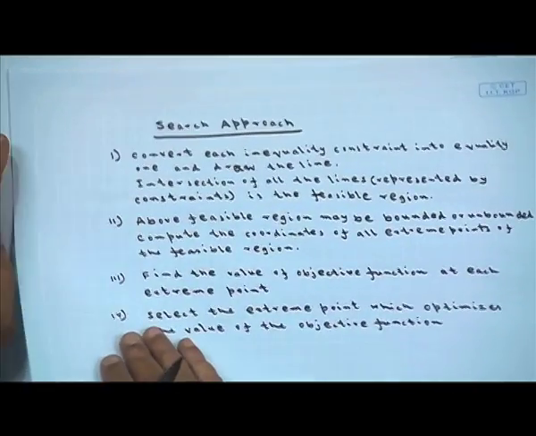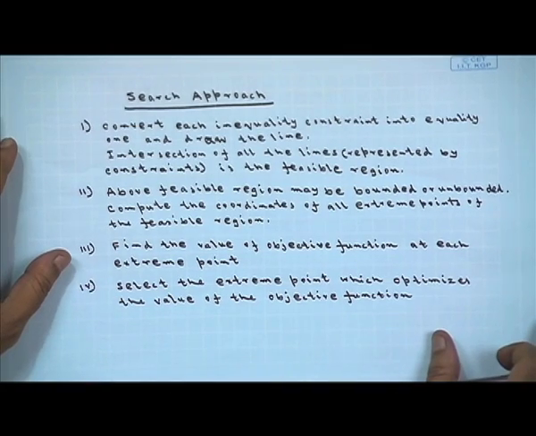So, for finding the solution of an LPP graphically, we will use an objective function which consists of two variables only. There are two methods basically: one we call the search approach and the other the ISO profit or ISO cost approach.